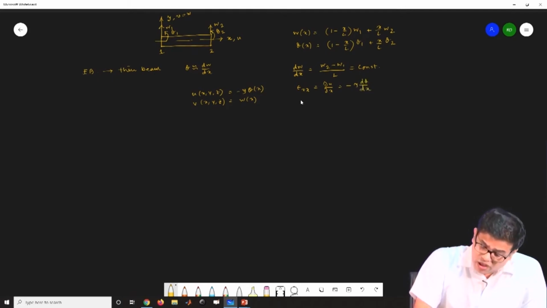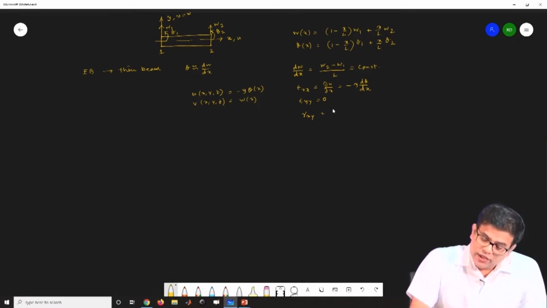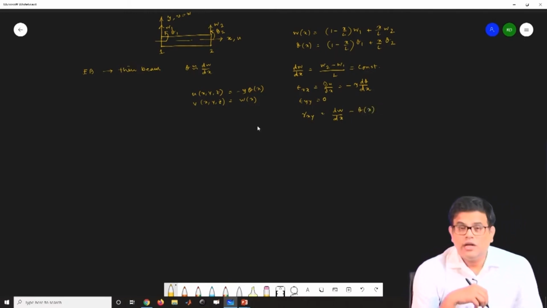Now, epsilon yy will be 0, and gamma xy will be non-zero because this is a function of y, del u del y and del v del x. So, naturally del v del x minus theta is dw dx minus theta, which is your shear strain.